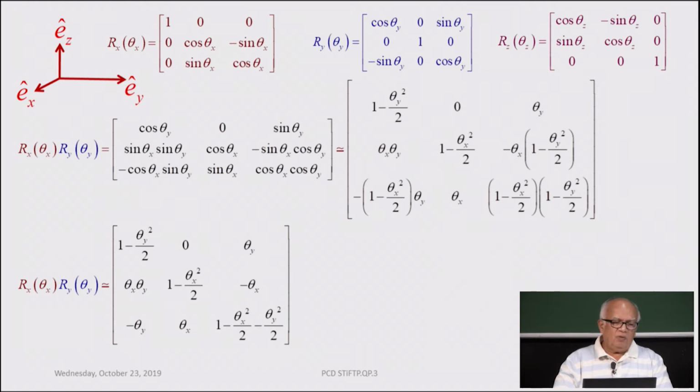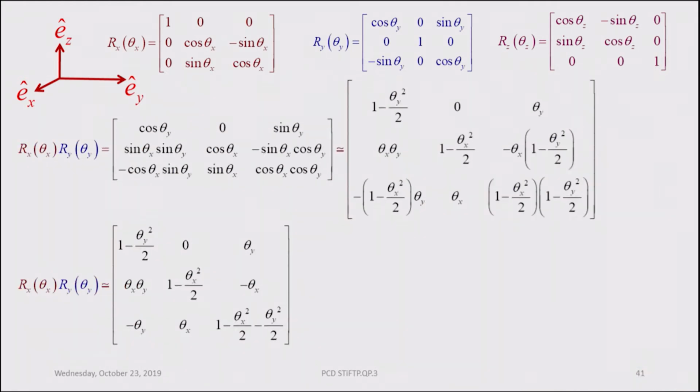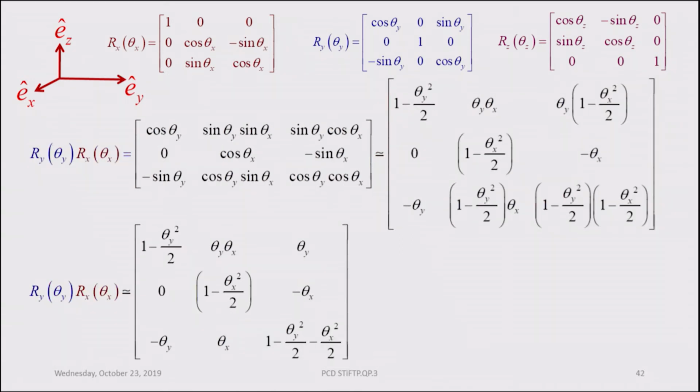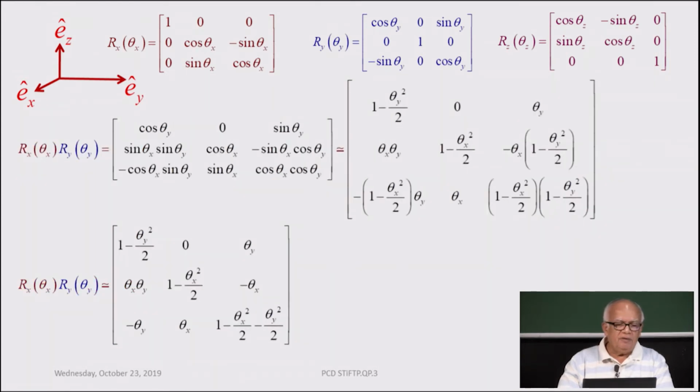So, this is what you get when you do Rx first and Ry next, and if you reverse the operations, Ry first and Rx next, then you get a different matrix. This is Ry Rx, previously you had Rx Ry.